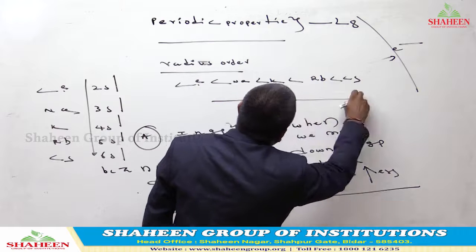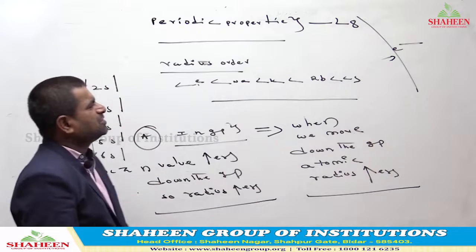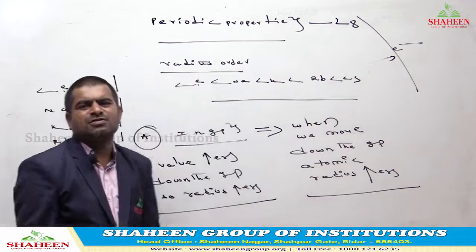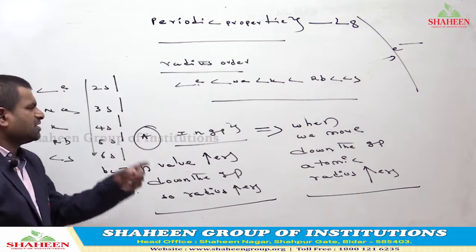The largest atomic size among the elements in the long form of the periodic table is cesium. Down the group atomic radius increases because n value increases.